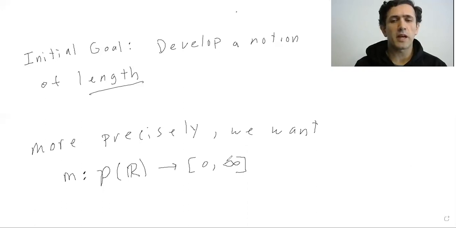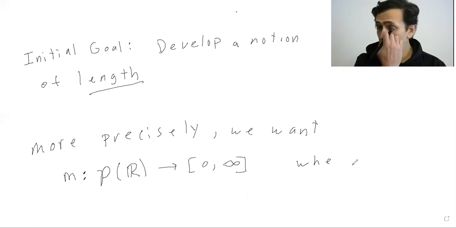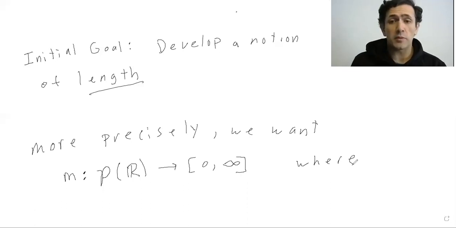I don't think there would be any controversy in saying that. So we do want to include infinity. And there are just some obvious things we want to be true for a good notion of length. Here m, I should say, very generically represents measure. We're kind of measuring the length of a subset of the real line.